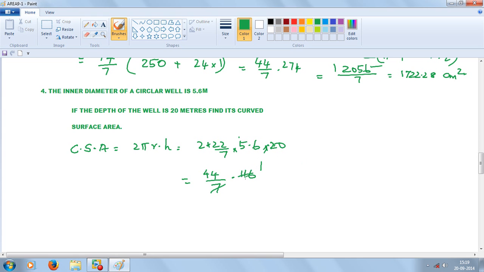Sorry, it's not coming out correctly. So 5.6 will divide, this is 0.8 multiplied by 20.